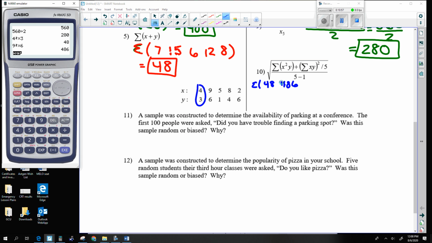Next one is the 5 and the 1, x squared y. The next one is the 8 and the 4, so x squared y.